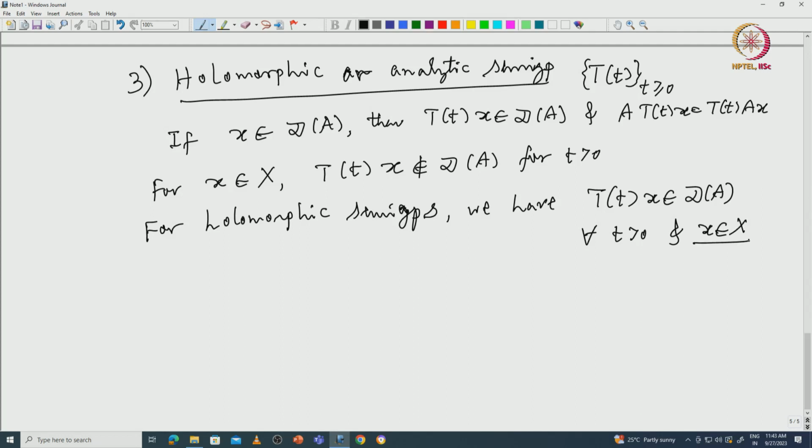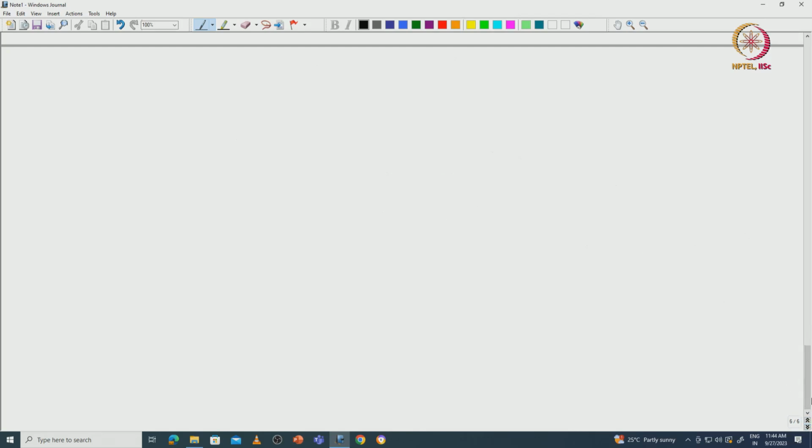Okay. So in the application to PDE, what this means is the solution is smooth for t positive, and that is what we have seen in the case of the heat equation. Okay. So with these remarks, now I move on to this heat equation.